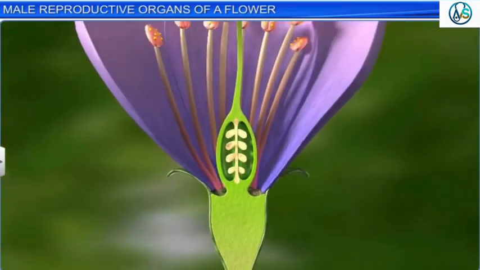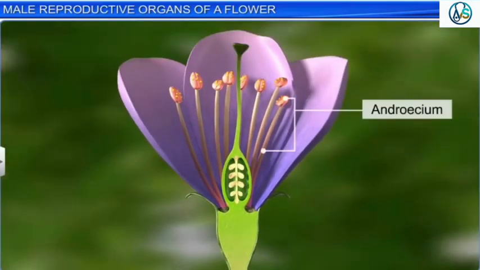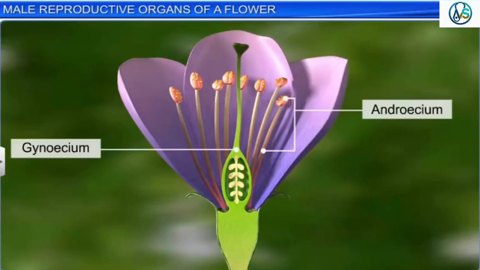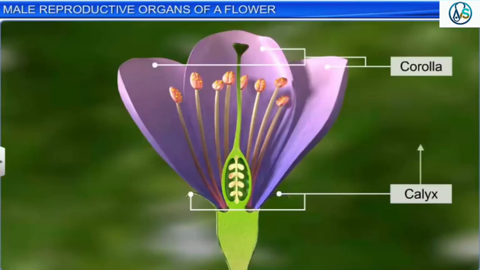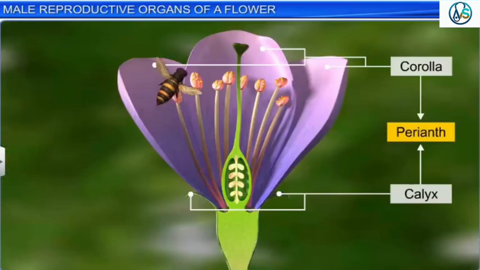The whorls include the androecium, gynoecium, calyx that consists of sepals, and lastly the corolla comprising the petals. The calyx and corolla, referred to as the perianth, are bright and colorful to attract insect pollinators.